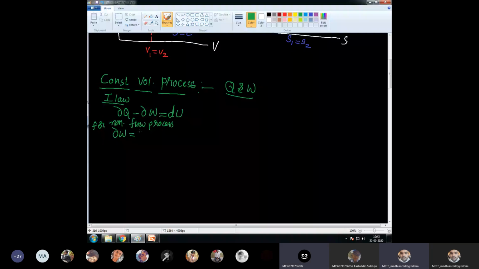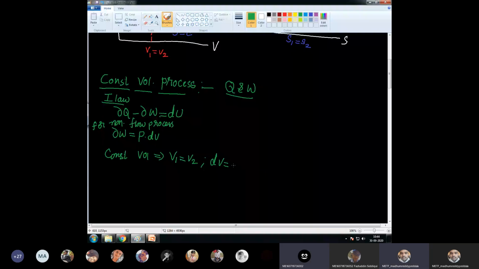PdV. Displacement work equal to P into dV. So constant volume process means constant volume, which implies V1 is equal to V2. When V1 equals V2, what about dV? dV is equal to 0.